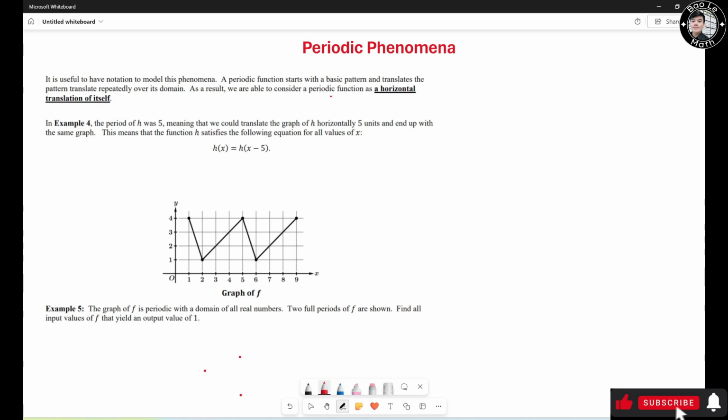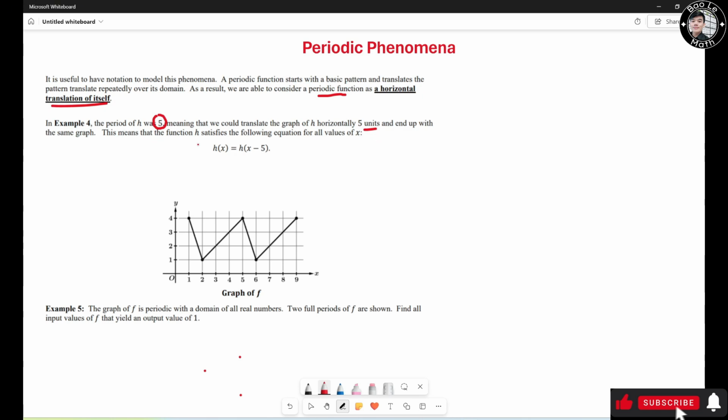Now, we can consider a periodic function as a horizontal translation itself. In example number 4, the period of the function h is 5, right? Which means we can translate the graph of h horizontally 5 units. And then we're going to end up with the same graph.